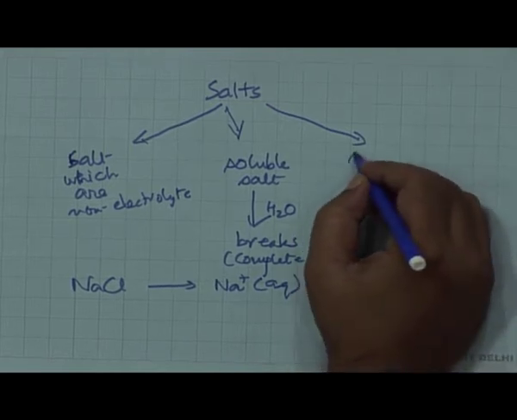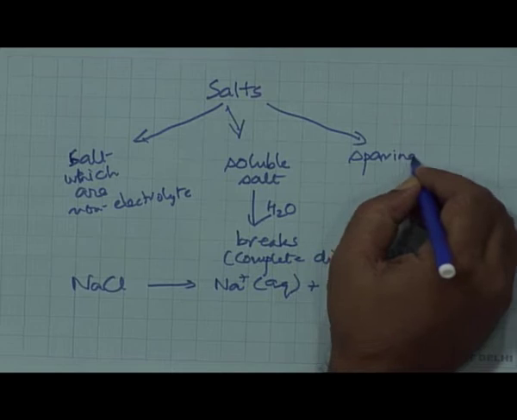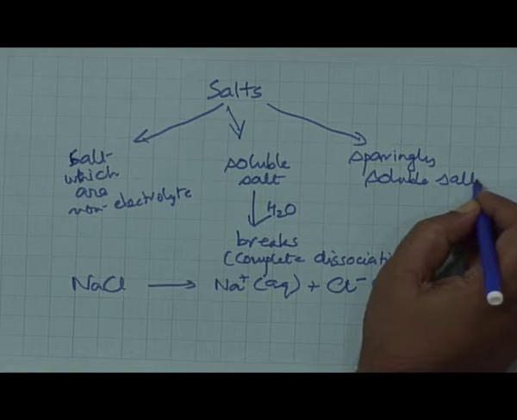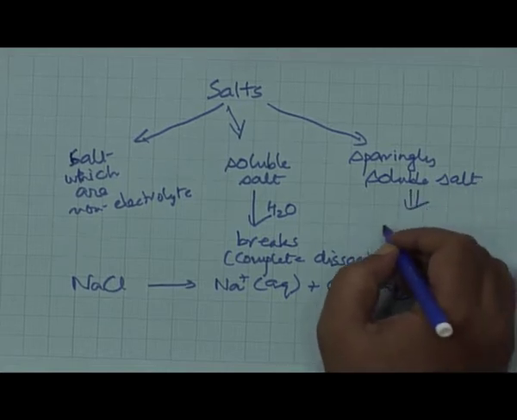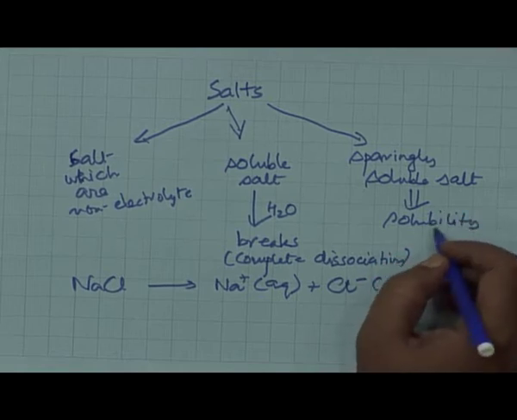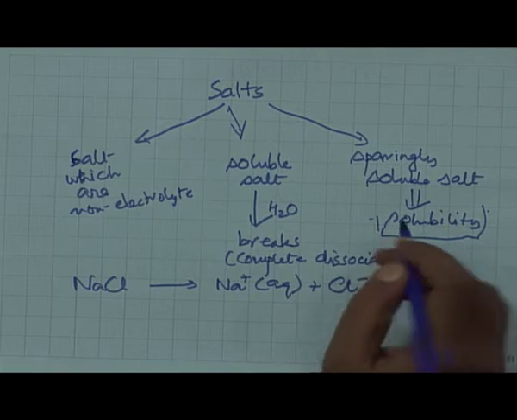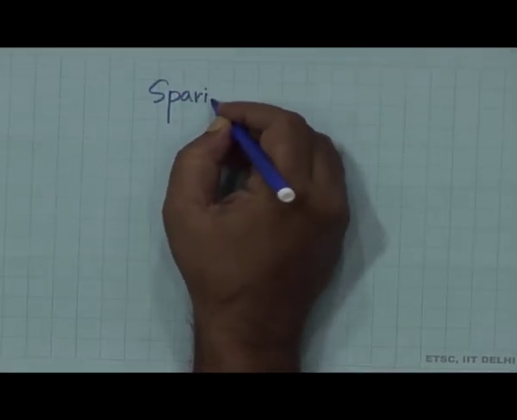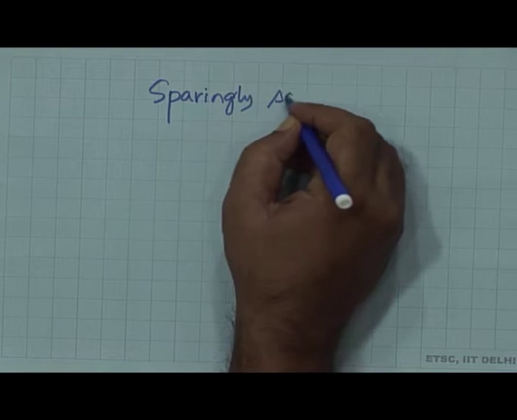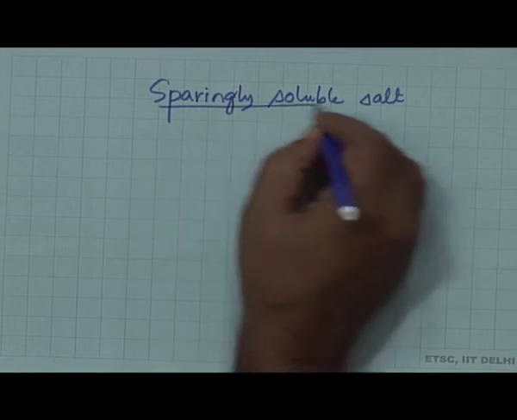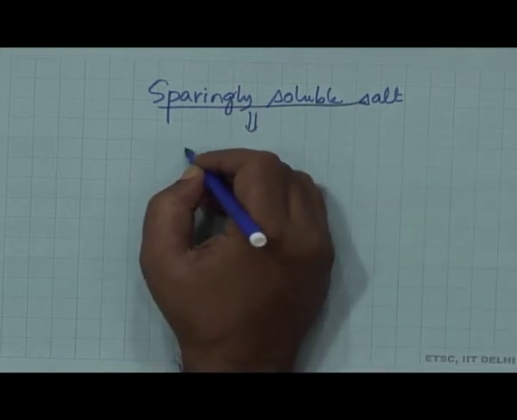And the last one is the sparingly soluble salt, and here we need to apply the concept of solubility: how soluble it is. This is very important from the point of view of ionic equilibria. A lot of salts are sparingly soluble.